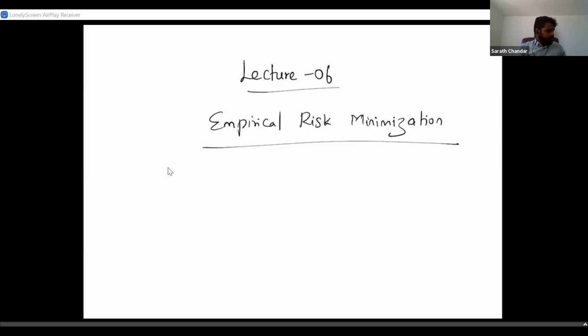Maybe before we begin, I just want to give a quick tip for today's lecture. Today's lecture might be a bit more mathematical than the lectures that we have seen, or probably the lectures that we will see in the future. But we are going to discuss some of the central concepts in machine learning, including bias and variance.